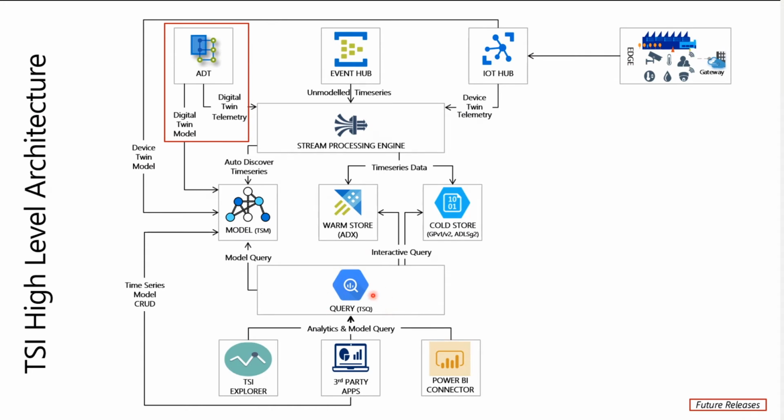The query layer tries to give a unified experience for our customers when they query data stored in warm store or cold store. Warm store for us is based on ADX, and in warm store, customers can choose to retain data for X number of days. For example, if you need to store the data for 30 days, you can store all the data that comes in into warm store, and then route everything to cold store.